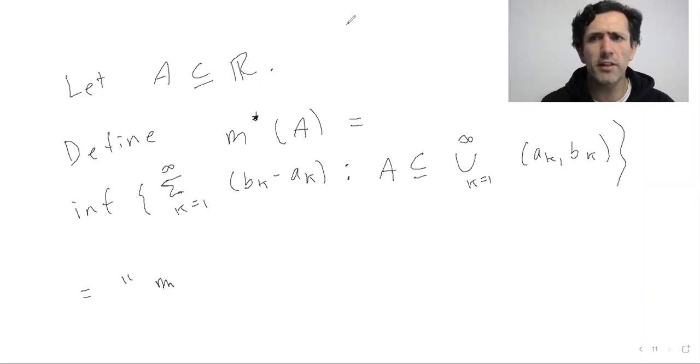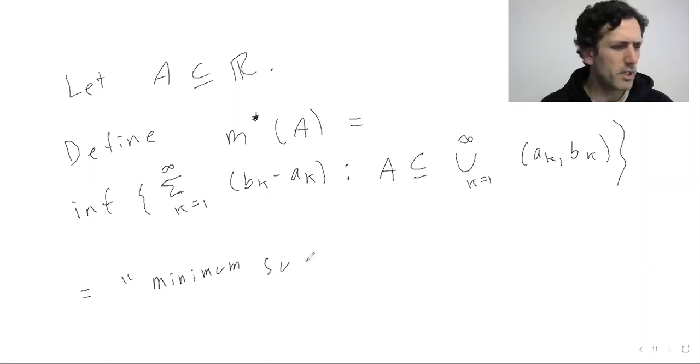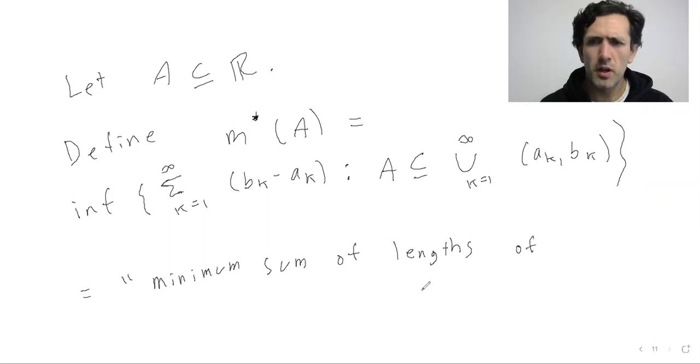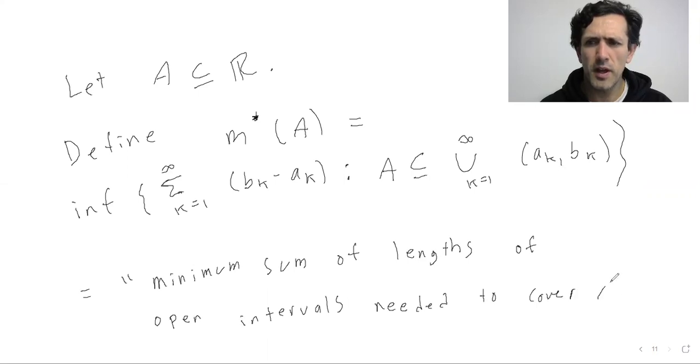Informally, I like to think of this as the minimum sum, which might be infinity, that's okay, the minimum sum of lengths of open intervals needed to cover A. And in general, we really don't define uncountable sums.